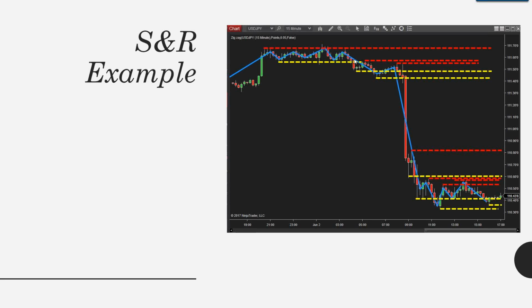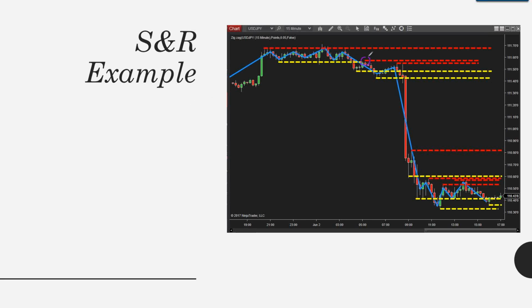But remember, every time it breaks through an area of support, it's going to go back and retest it to ensure that it's actually going to prevent price from rising. That's exactly what happened here, okay? And if you have one way to say that the market moves, this is the way the market moves.